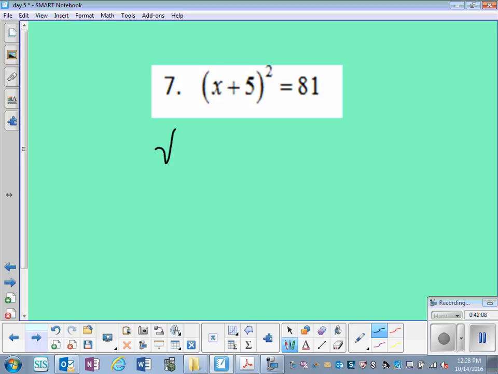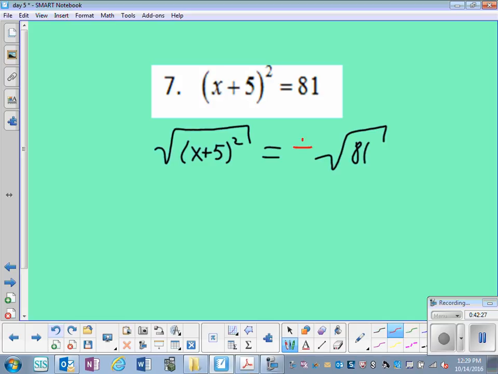So the square root of one side and then the square root of the other side, and don't forget what? Plus minus, right here, super important. Now the square root of x plus 5 squared is just x plus 5, plus minus the square root of 81.